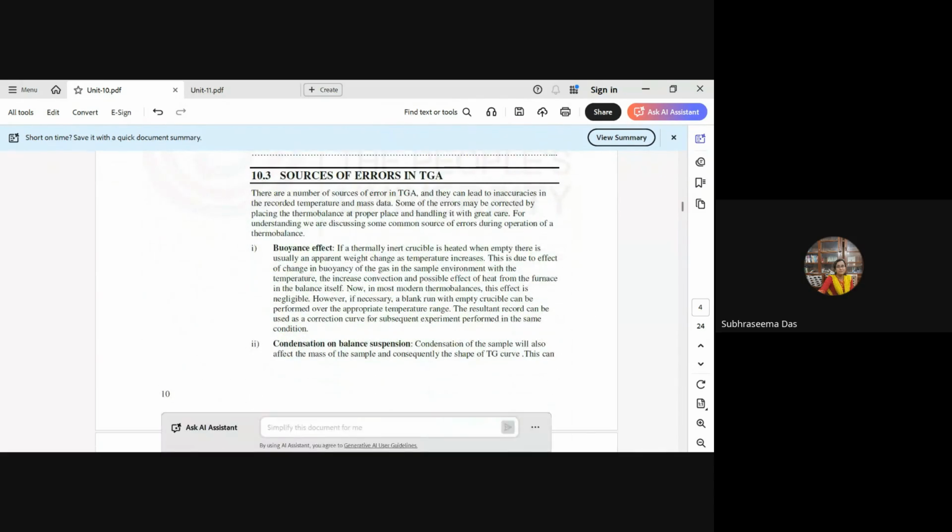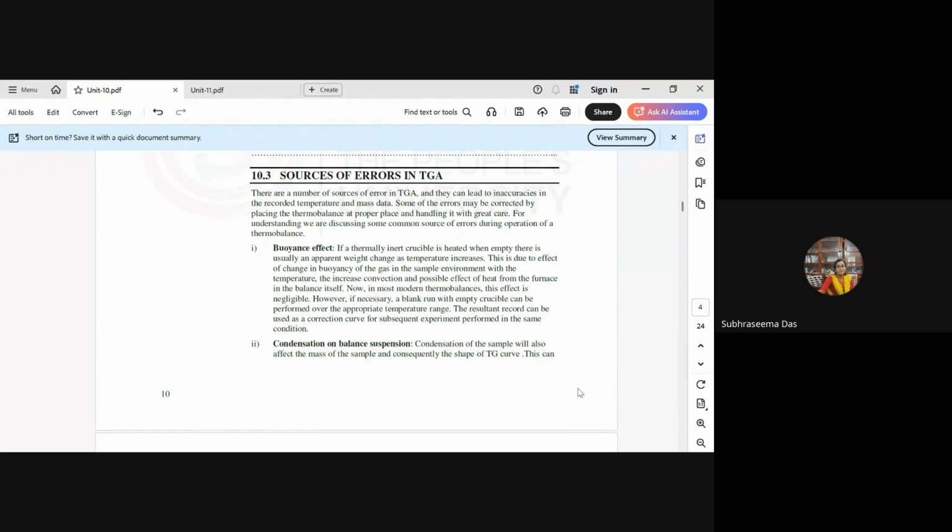Then coming to the probable sources of error in TGA. As we know, this is a highly sophisticated instrument, and the possibility of any error arising in TG measurement is very low, because we use sophisticated balances and the temperature scanning rate is uniform, so we expect the errors to be very small.